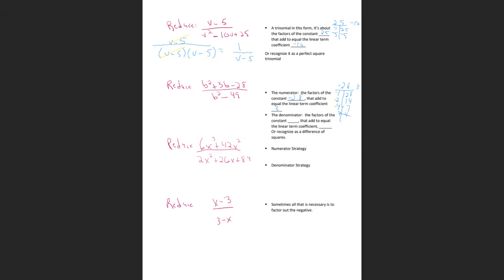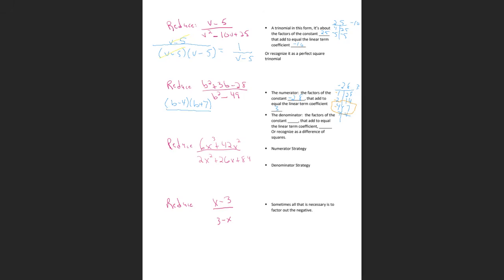And if we notice there, this -4 and this 7 does add up to give me this 3. So there's my winner. So the numerator will factor into b minus 4 and b plus 7.